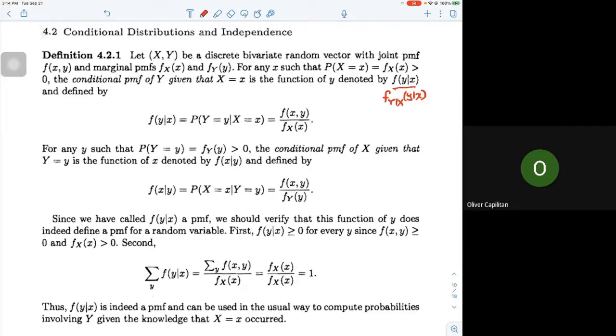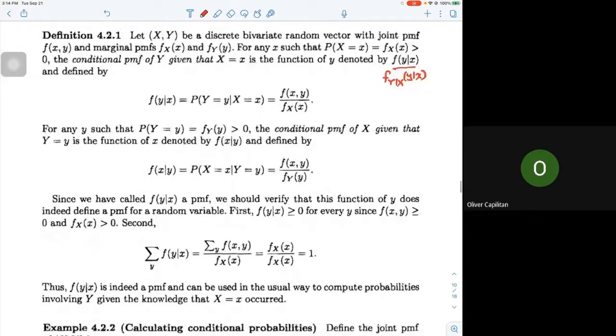And then for any y such that the marginal PMF of Y is positive, the conditional PMF of X given that Y is equal to the realized value small y is a function of x.